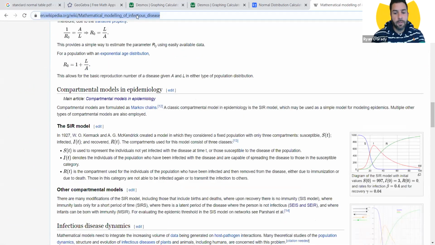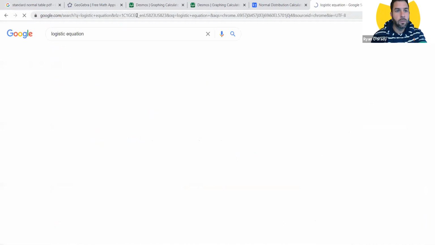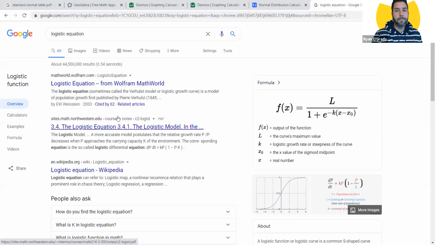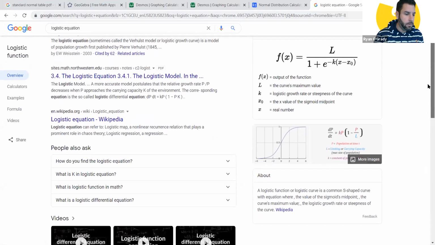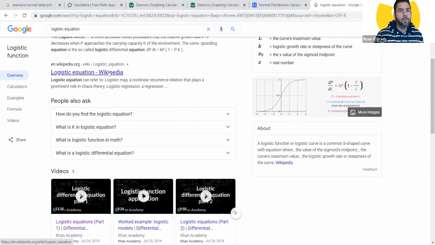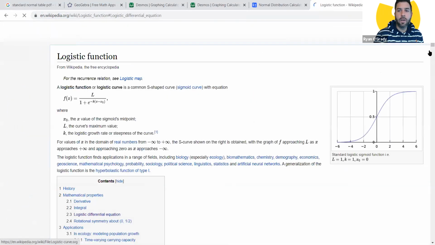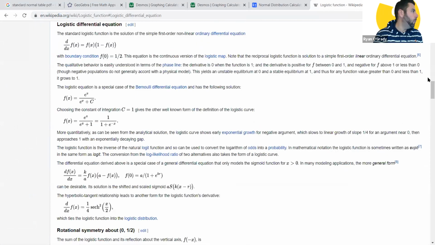One of the more famous differential equations is what's called the logistic equation. And it too is a basic differential equation for understanding how populations grow or decay.